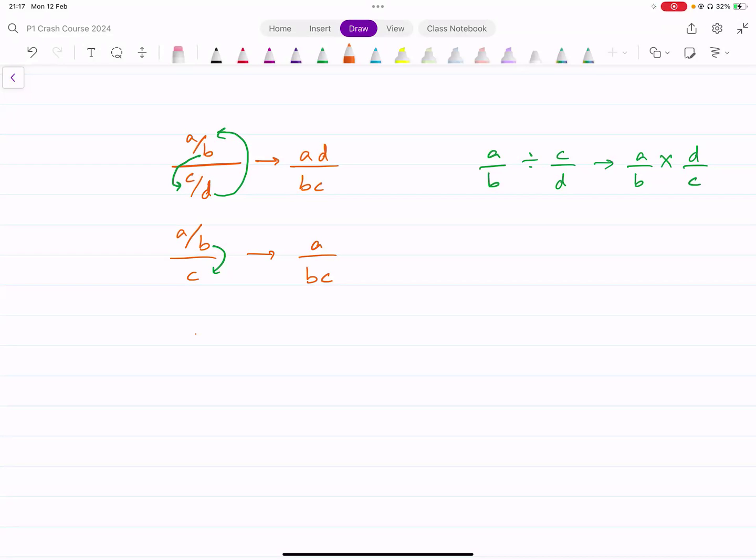And similarly, if you have A over B over C, the denominator goes up and it becomes AC over B. Okay, so that's how you deal with multiple fractions, a fraction above and a fraction below. The denominators basically switch places. They get multiplied above or multiplied down. Make sense? Yes, sir. Okay.